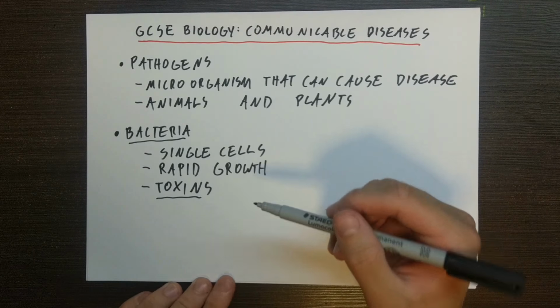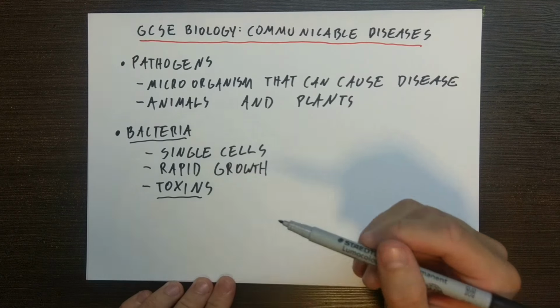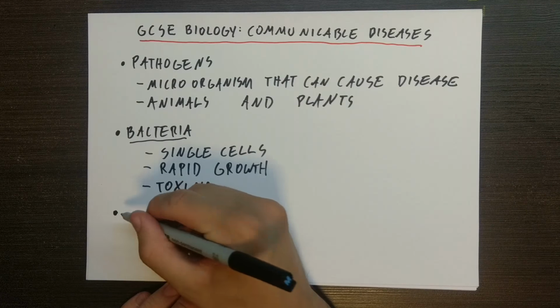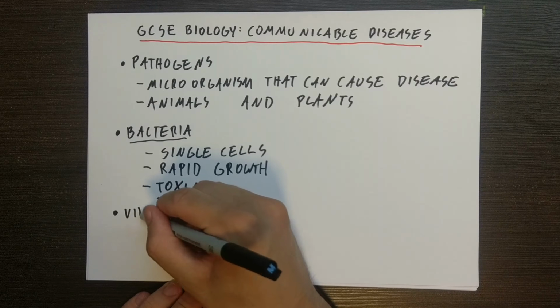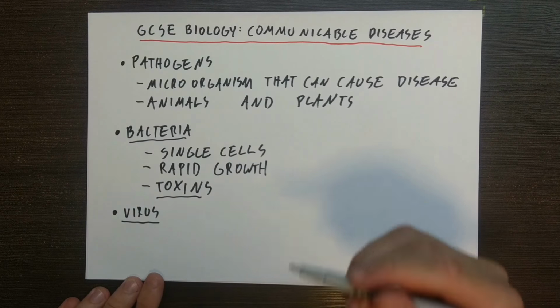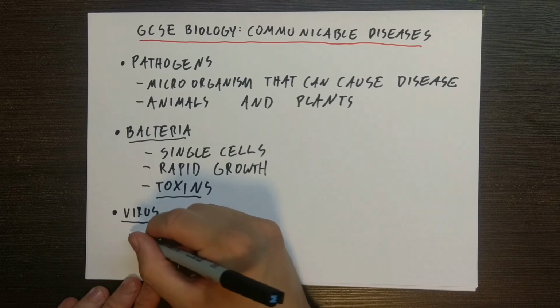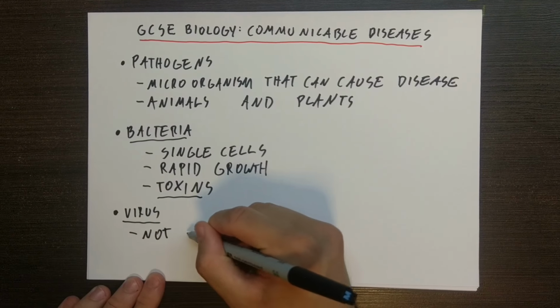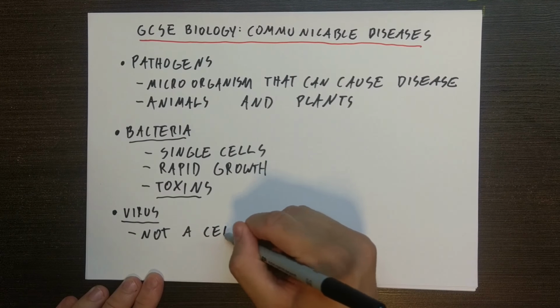Now we can move on to the next type of pathogen, which is virus, which you probably heard of as well. Virus. Now, virus, this is important. A virus is not a cell. It is not a cell.